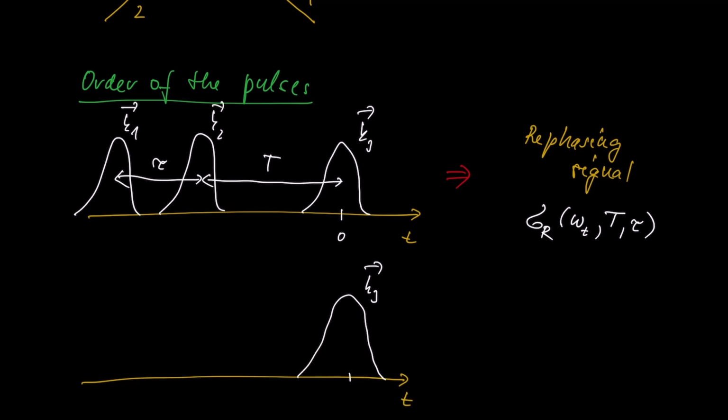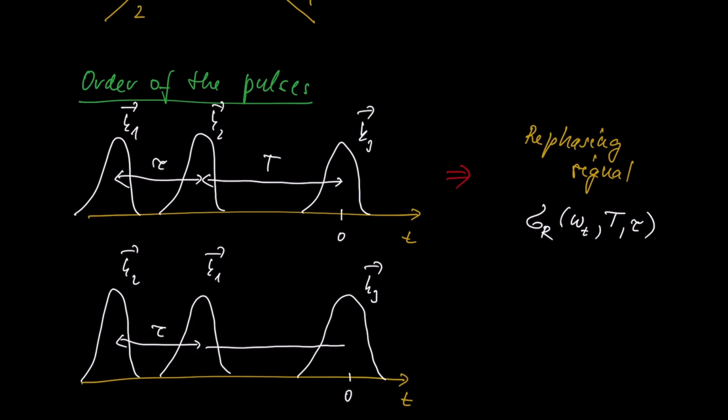So K3 is the same, but we can measure the situation with the K1 pulse coming after the K2 pulse. So we now define tau as the delay between these two pulses, but reversed, and capital T is still the difference between the second pulse that comes and the last pulse.